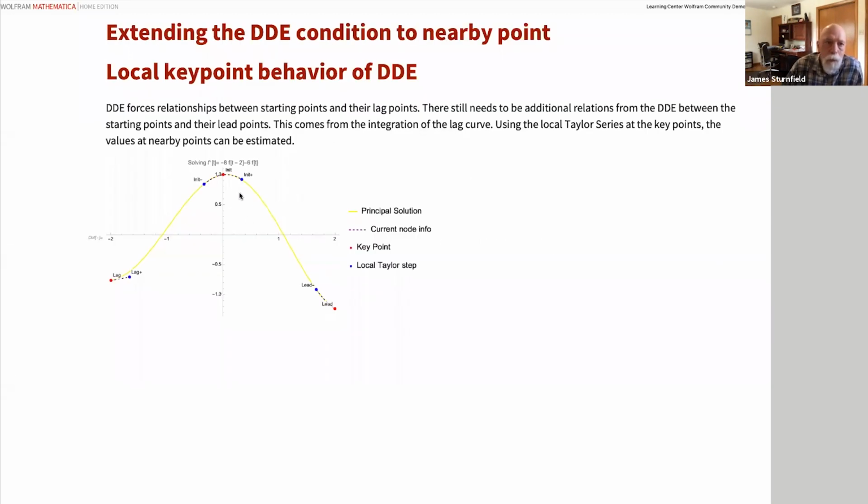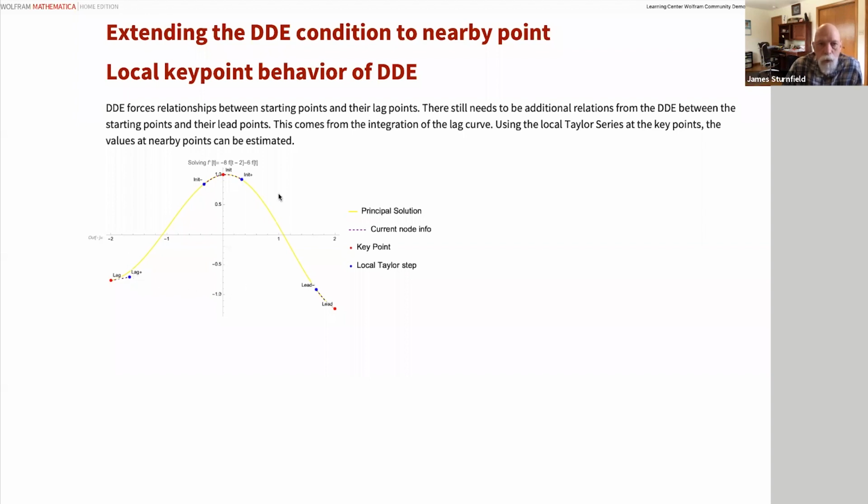So as I say, basically, we have now values that we've refined to some extent at these key points. We can use the Taylor series to define new points on the curves that we can start to fit and get improvements to solving the DDE.